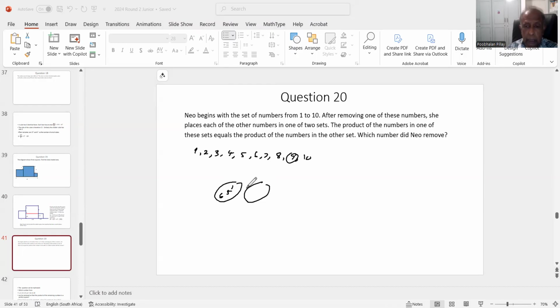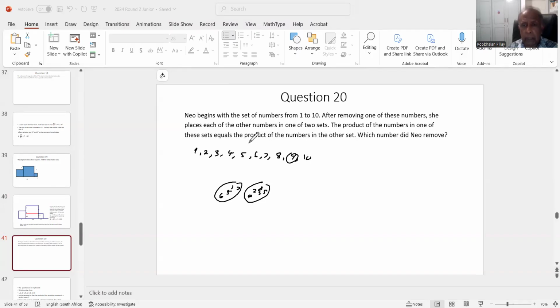And you can put 7 here also. So on this side you got 2, 3, 4, 5, 6, 7, 8, 9. So you break it up in two sets.